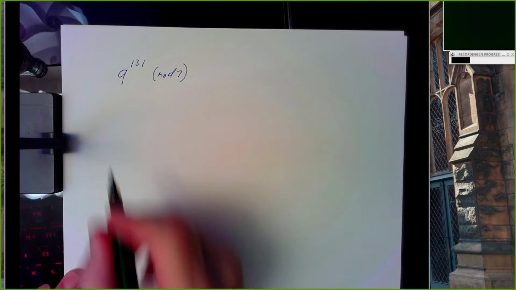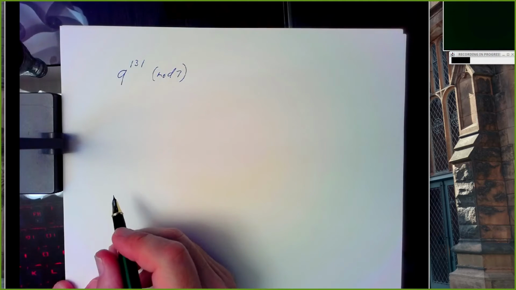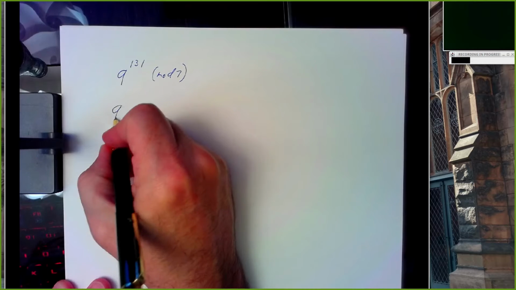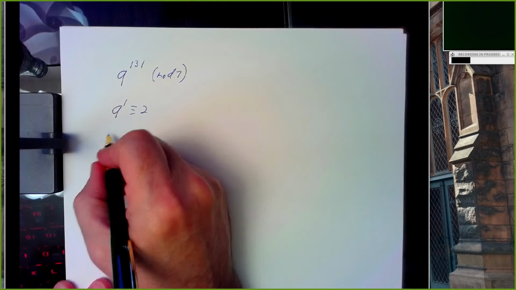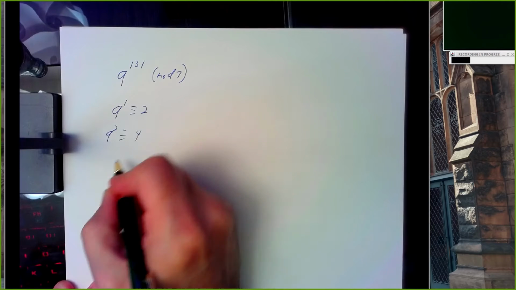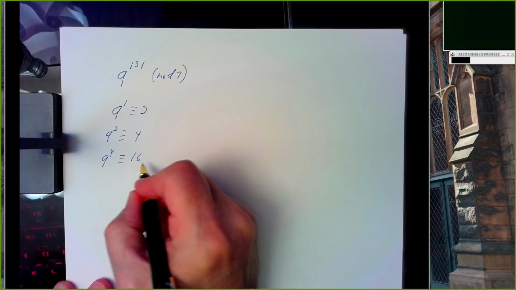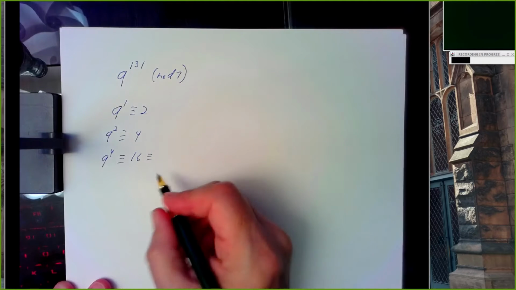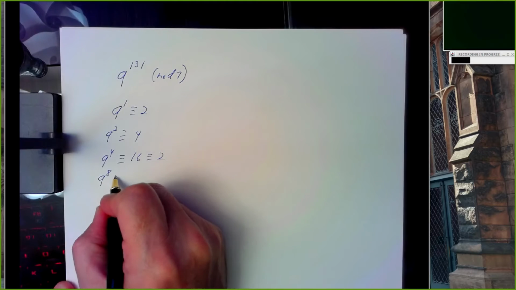The first step is to write this thing raised to different powers where each power is a power of 2. So 9 to the first is congruent to 2, or you could leave it as 9. 9 squared will be congruent to 4. Now we jump to 9 to the 4th. This will be 16, which is 2 more than 14, so this is 2. And we've got our pattern.